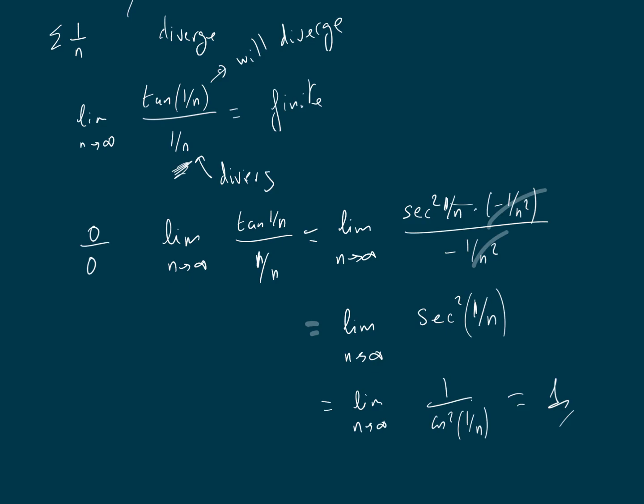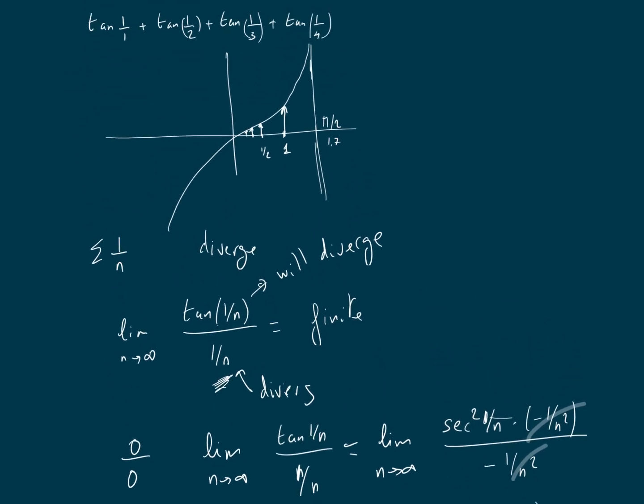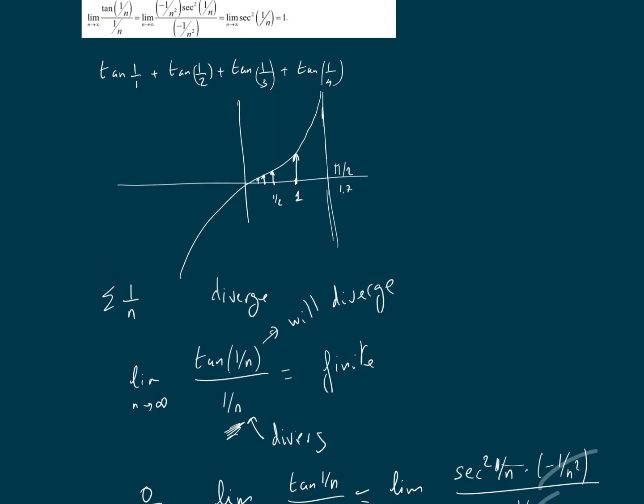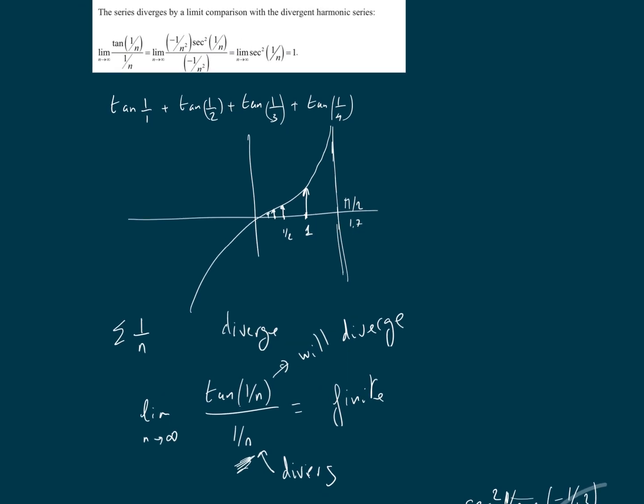It means that the sum of all these terms, 1, 1/2, 1/3, 1/4, and many more, will diverge.